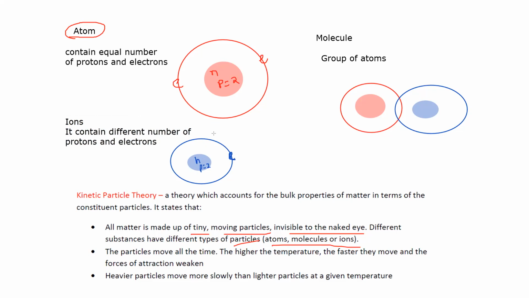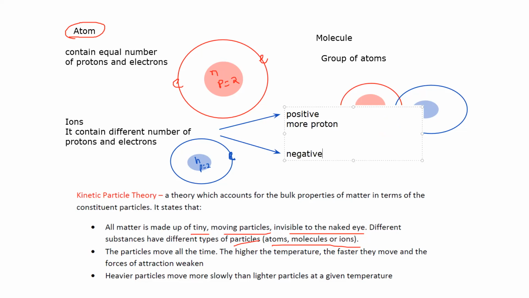And an ion can be a positive ion or a negative ion. A positive ion contains more protons, and a negative ion contains more electrons.